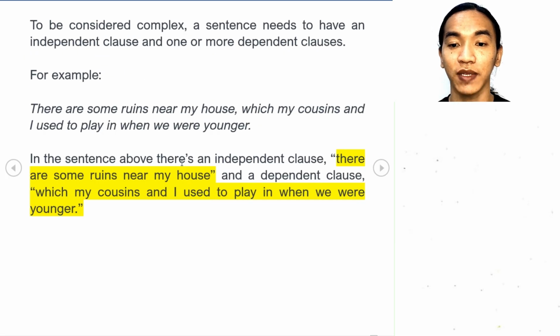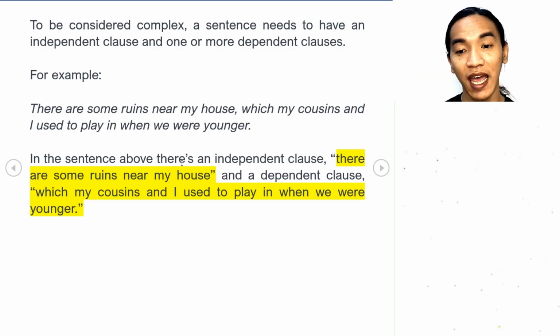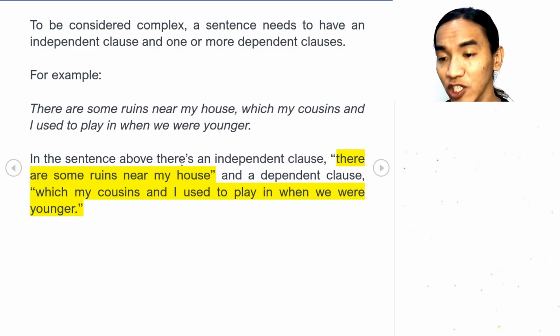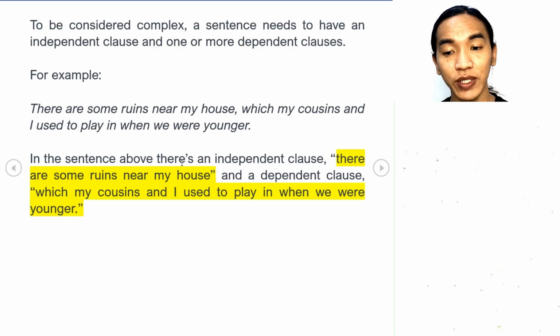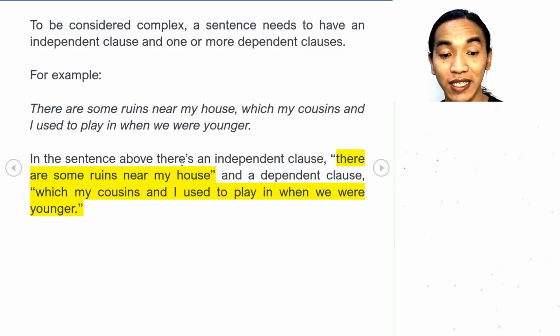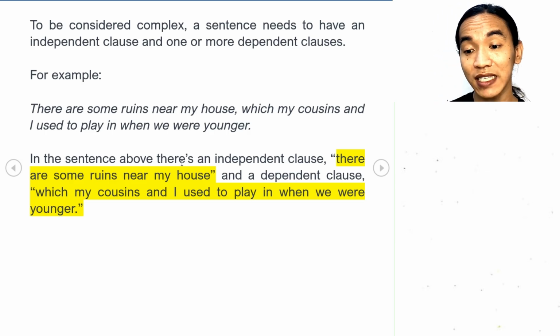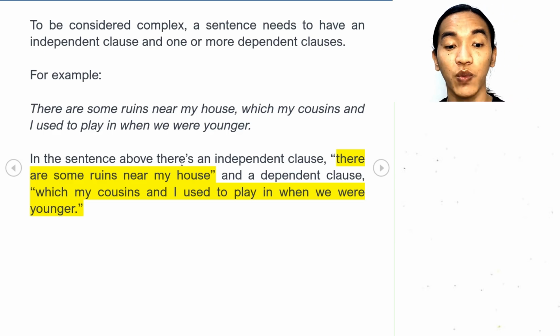All right? Now, to be considered complex, a sentence needs to have an independent clause and one or more dependent clauses. So it's a combination of independent and dependent. There are some ruins near my house, which my cousins and I used to play in when we were younger. So in the sentence above, there is an independent clause: there are ruins near my house. Now, your dependent clause: which my cousins and I used to play in when we were younger.